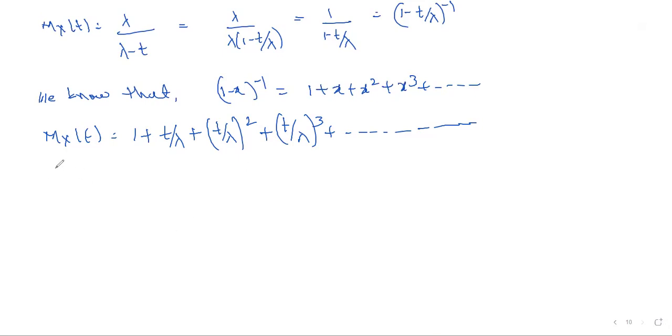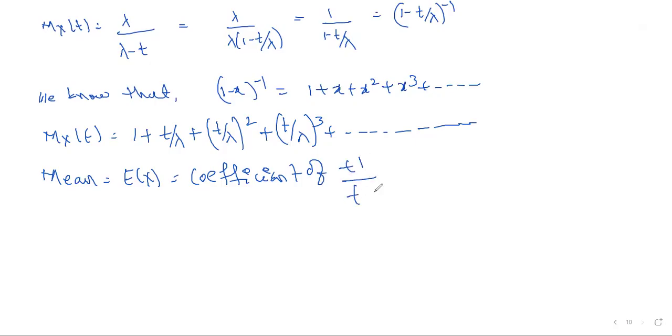So here mean is what? We know that mean equals expected value of x equals the coefficient of t power 1 divided by 1 factorial, because we know that the coefficient of t power r divided by r factorial is mu r.